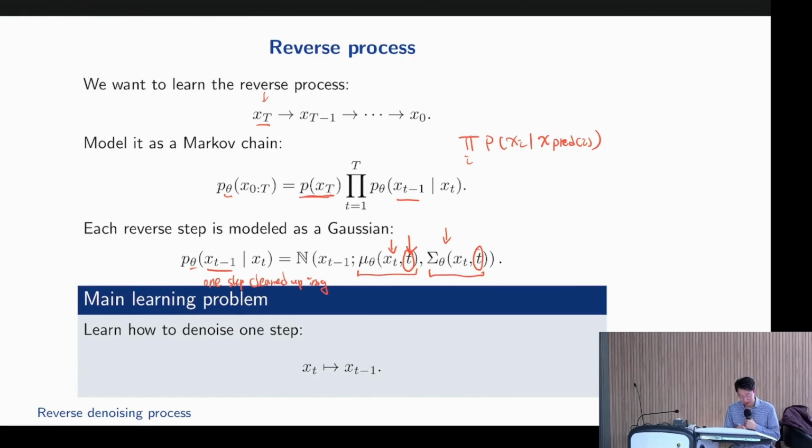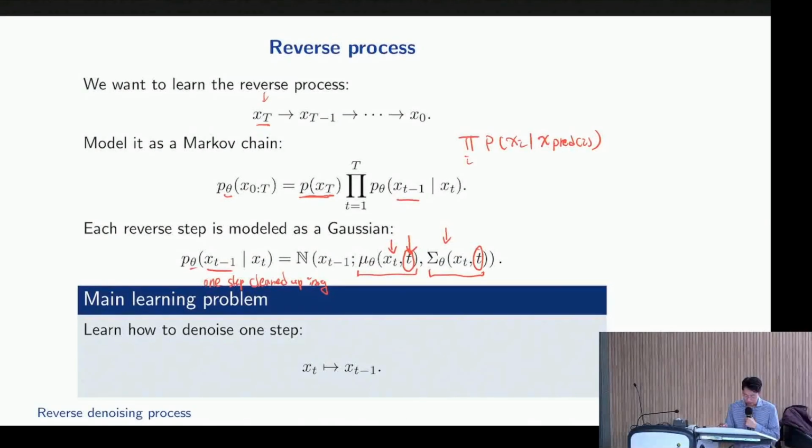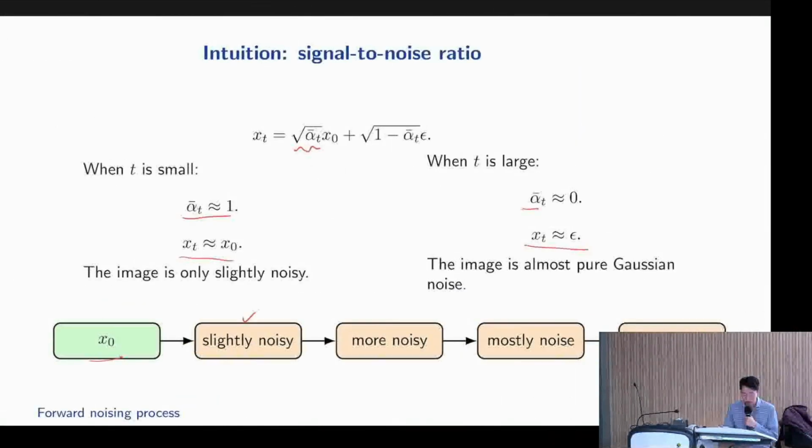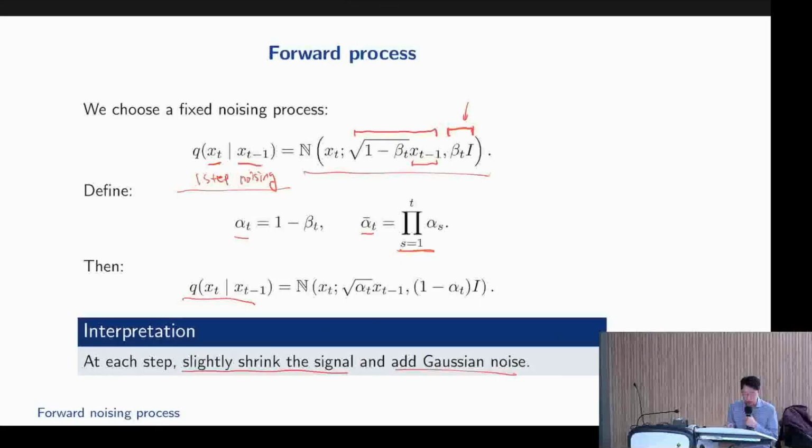So the big idea is we want to learn how to denoise one step, because if we can do this, we can repeatedly call this model many, many times. So xt going to xt minus 1 is one step denoising, and the reverse, going from xt minus 1 to xt, is noising. Noising is done through our modeling choice following this distribution here, mean shrinkage and adding Gaussian noise.